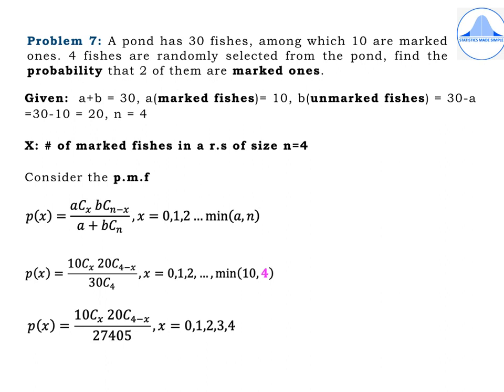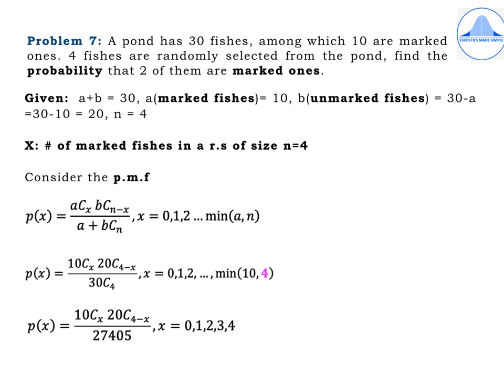Problem 7. A pond has 30 fishes, among which 10 are marked ones. 4 fishes are randomly selected from the pond. Find the probability that 2 of them are marked ones.